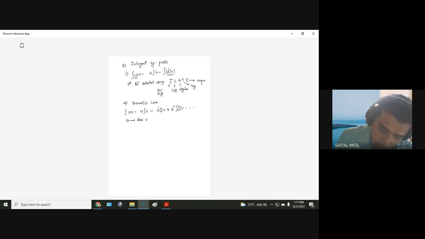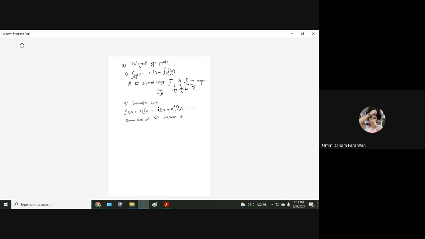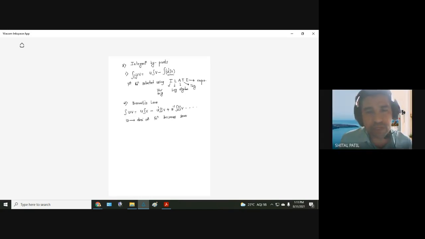Yes, anyone remember? The derivative of one of the functions should become zero. Then only we can use Bernoulli's law, and in that case, u will be the function whose derivative becomes zero. Okay, we know this formula very well.